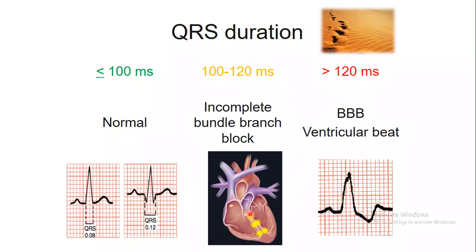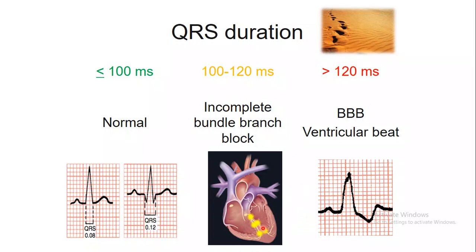The bundle of His is divided into a right branch and a left branch. Depending on the morphology of the ECG, we can differentiate between a disease in the right bundle or in the left bundle, as we will discuss in the next slide.